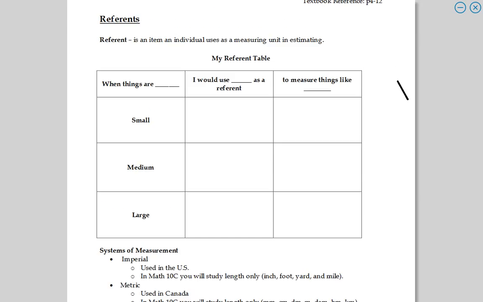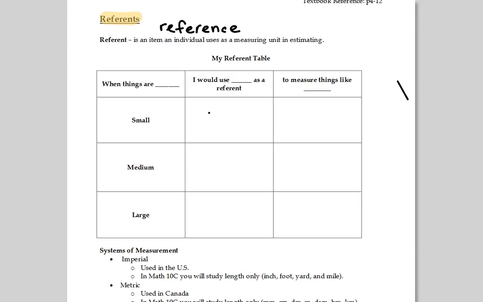Now, there is a keyword that you're going to need to be aware of for this course, and probably you'll only ever see this, is a referent. What English word is referent really similar to? Reference. So if you're talking to somebody and they don't really know what you're talking about, how do you explain something to somebody?